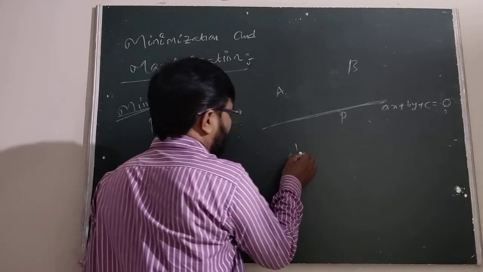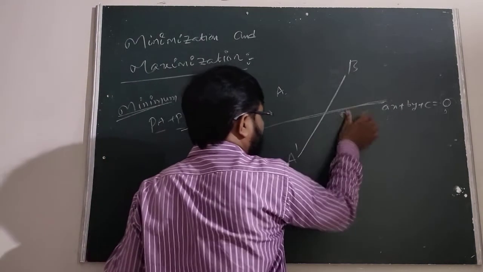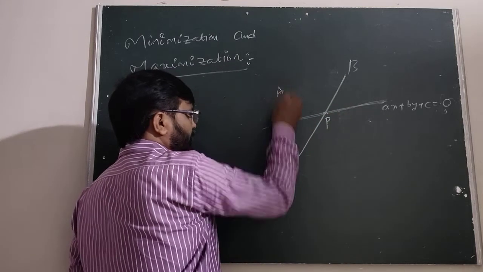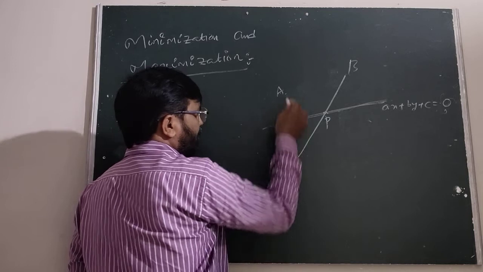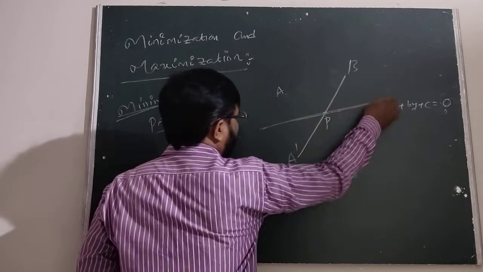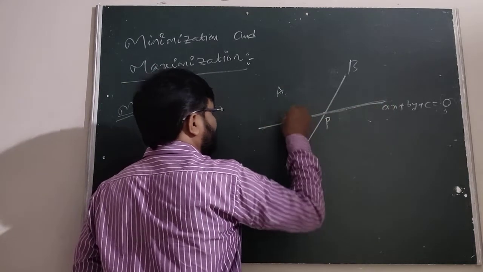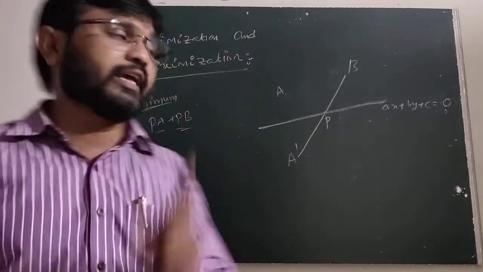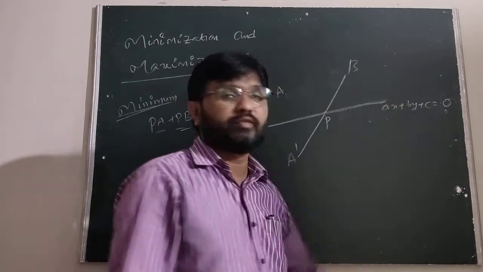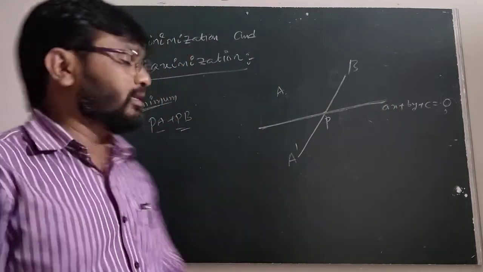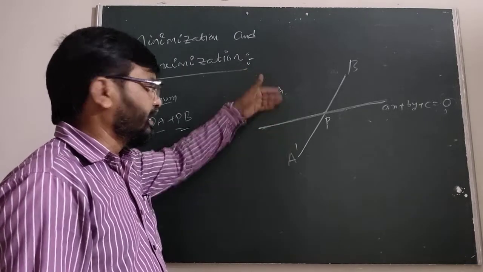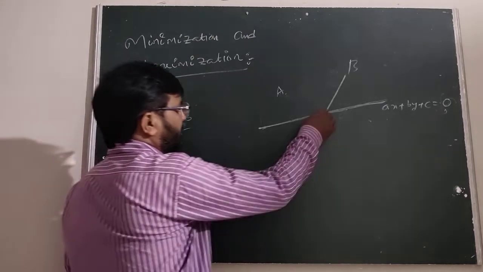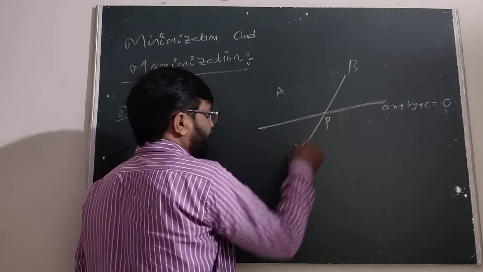Now draw the line segment through A. This is P. When we take the image of A with respect to the line, A dash, any point on the line is equidistant from A and A dash, since A dash is the image of A. Therefore the length of PA and the length of PA dash are equal.